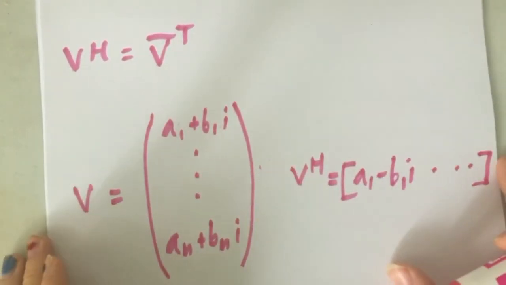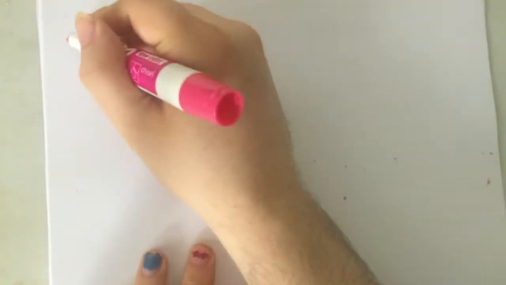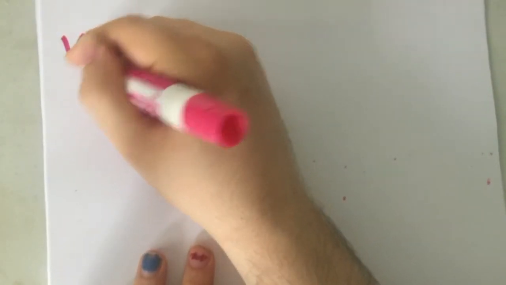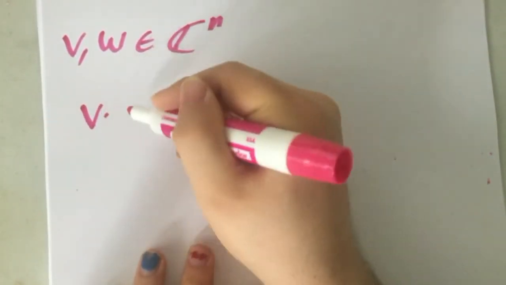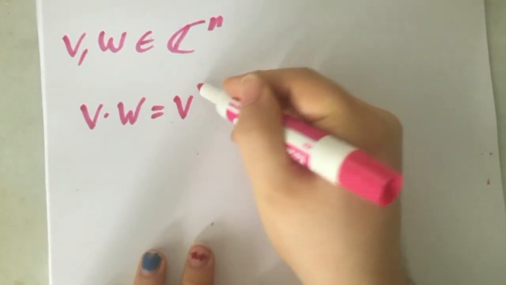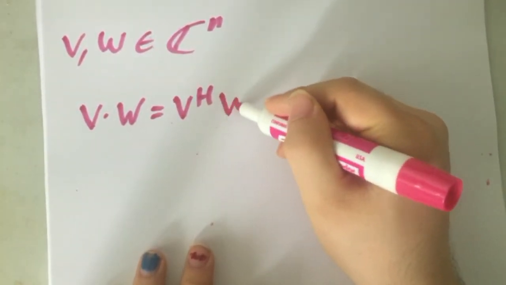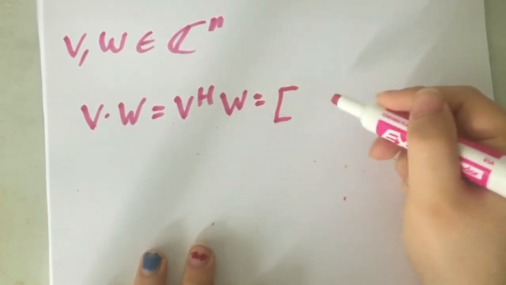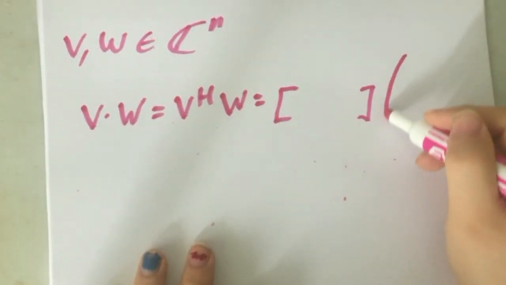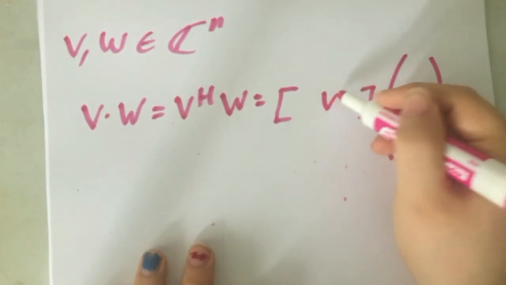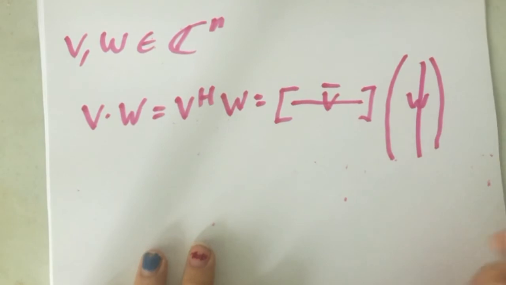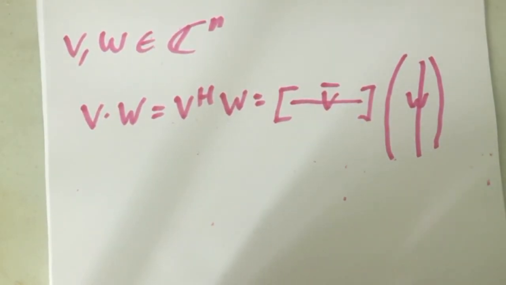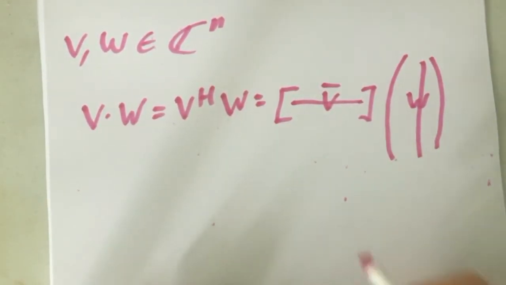And so you can define the dot product again. If you have two vectors in complex n space, let's call them v and w, in C^n, then you could define v dot w to be v^H w, which again is just some matrix product, v bar w, and this will be a sum of complex numbers.